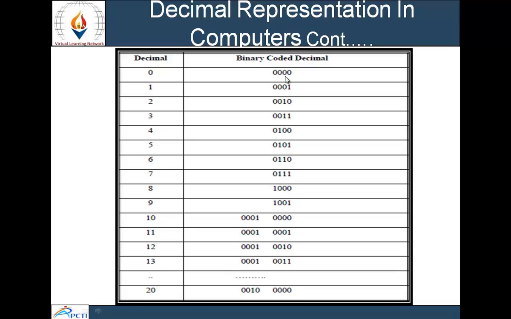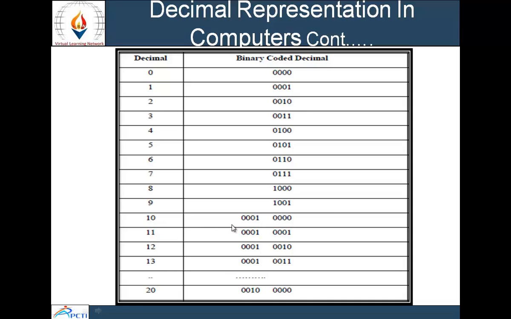That is, for 0 the binary coded decimal is 0000. For 1 the BCD number is 0001. For 2, 3, 4, 5, 6, 7, 8, the corresponding BCD numbers are given. To find the BCD of 10, we take the combination of the BCD of 1 and 0 separately.